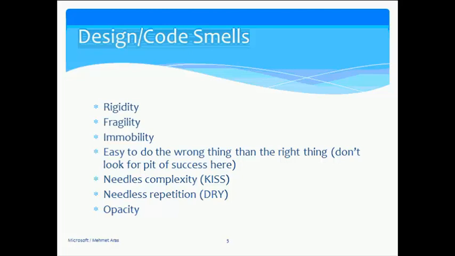The last one is opacity. When you look at the code, are you able to understand without spending hours what the code is doing, what it intends to do? In some cases, you look at a piece of code, you spend hours, and you have no idea what the code is supposed to do.